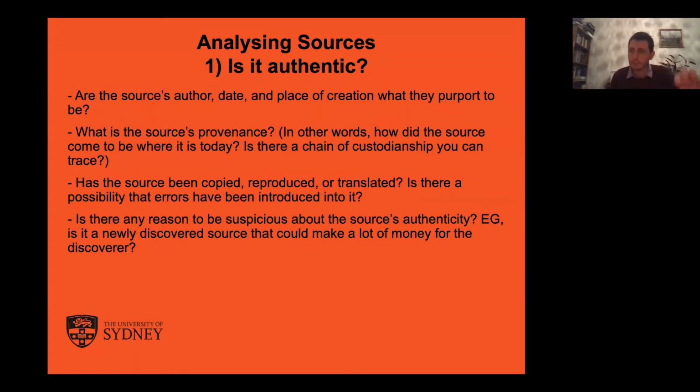And the fact they could only be traced back to the 1970s meant that they were not authentic. They were not actually Hitler's personal diaries. They were a fraud, and they were useless for historians trying to learn about Nazi Germany. But in most cases, you can ask these questions very quickly and move on.